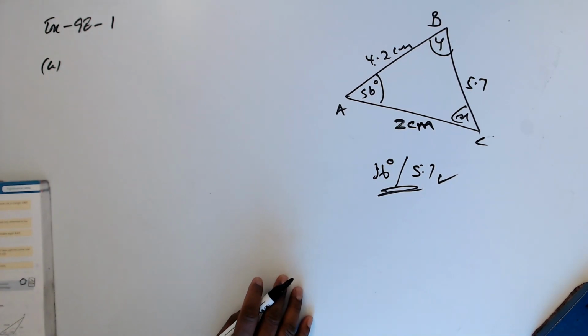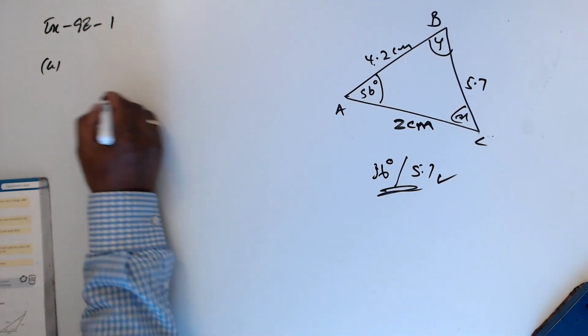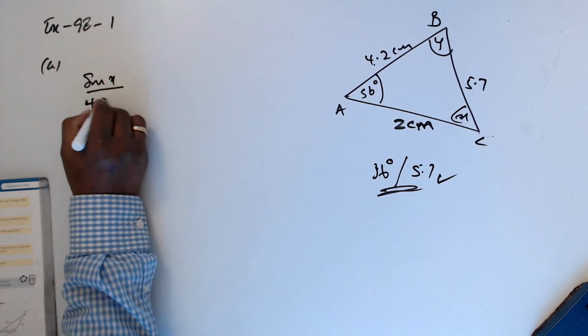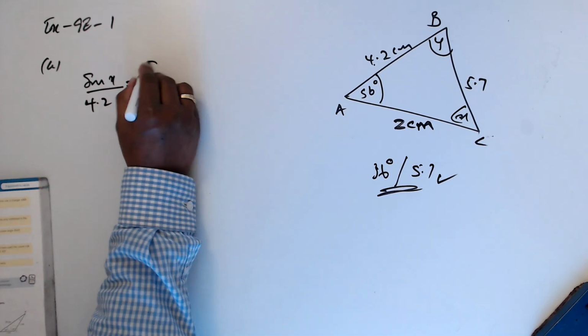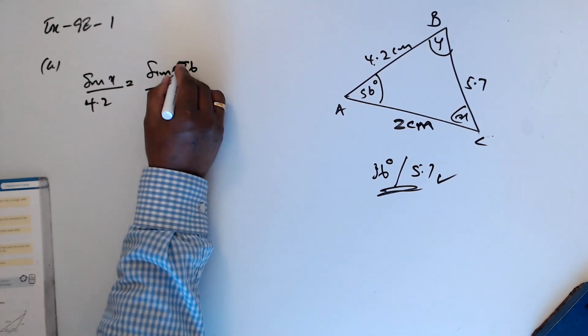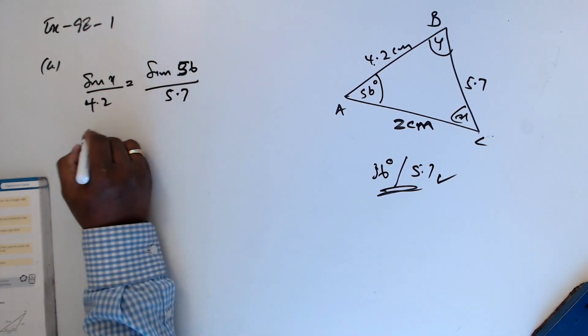Now sine x over 4.2 equals sine 56 over 5.7.